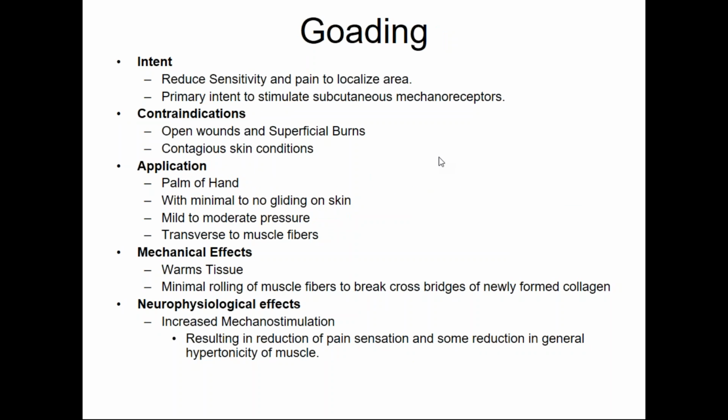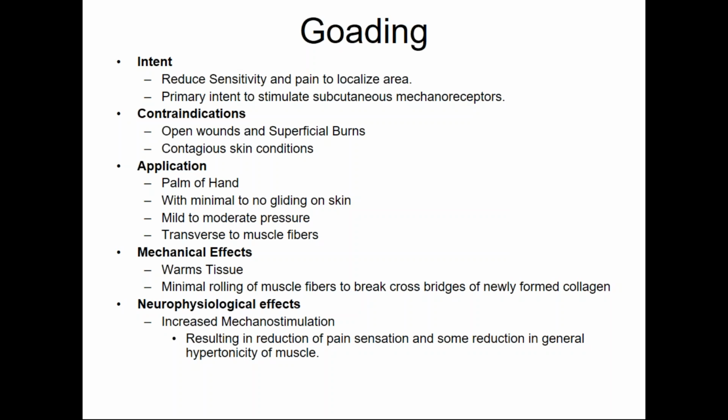So in a nutshell, going through the different techniques, goading is a technique that is primarily used to stimulate mechanoreceptors. Therefore, it is primarily used for reducing general sensation within the tissues or reducing pain and preparing the tissues for deeper application of other techniques.